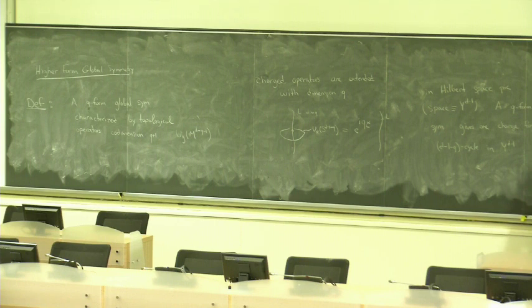So I'd now like to tell you about one-form global symmetry in gauge theory. So, first of all, what is a continuous one-form symmetry?